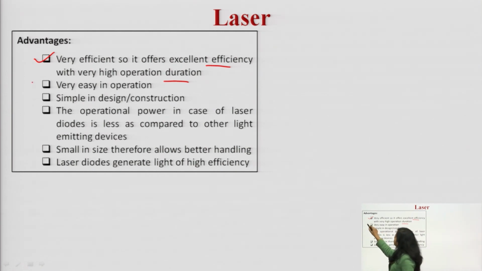It is very easy in operation, simple in design and construction. The operational power in the case of a laser diode is less as compared to other light emitting devices. It is small in size, and because of this it allows better handling.